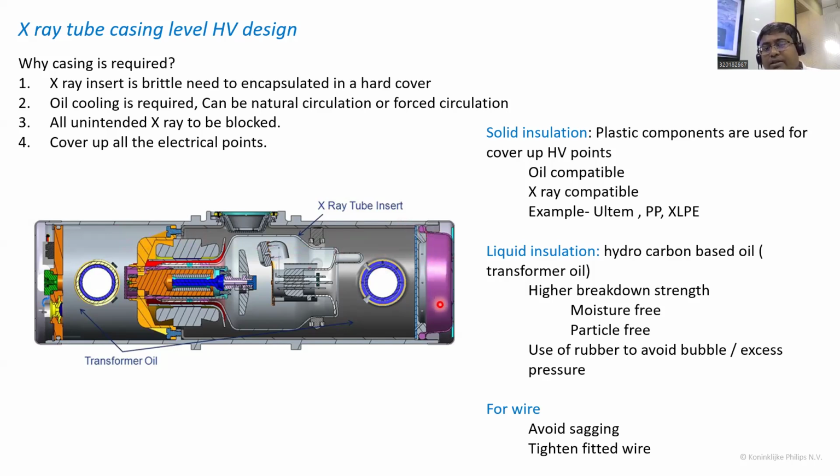There is a criticality to ensure that the oil does not create any air bubbles during its production life or service life, due to the heating and cooling effect. There could be a possibility of bubble creation because of oil volume changes due to temperature. So there is a critical design, what we call a bellow or diaphragm, which takes care of the extra oil expansion and contraction, and that results in no air bubble or void creation during the operation life.